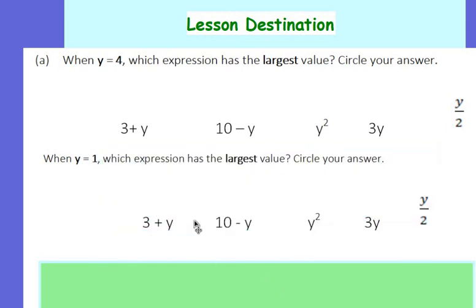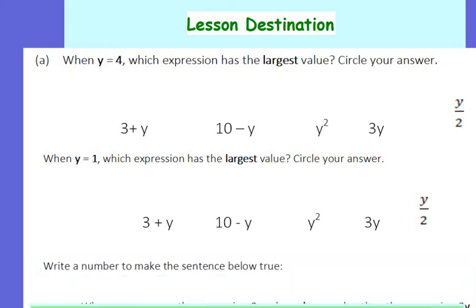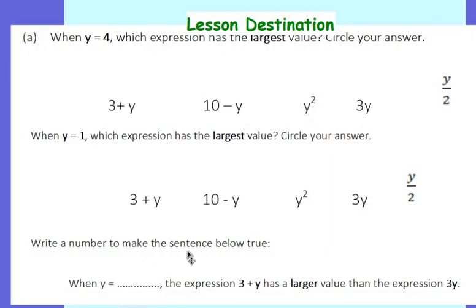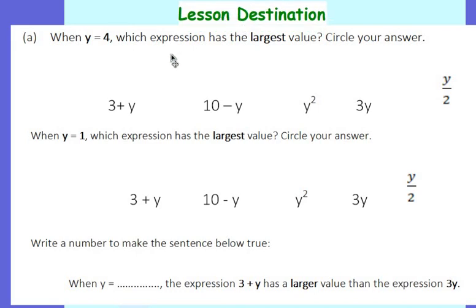When y is equal to 1, work out the value of each expression and work out which expression has the largest value. And finally, as an extension, write a number to make the sentence below true. Please pause the video for 5 minutes and have a go at these exam questions now.